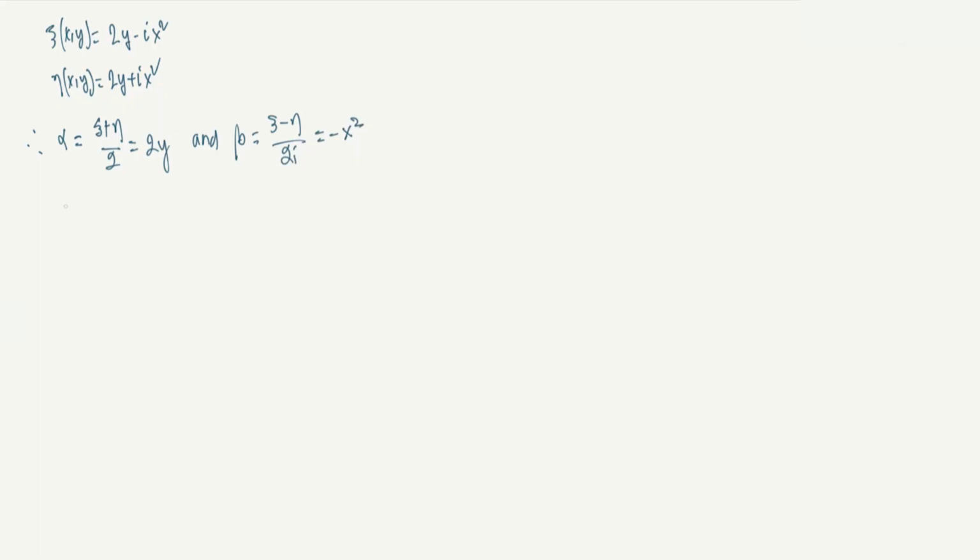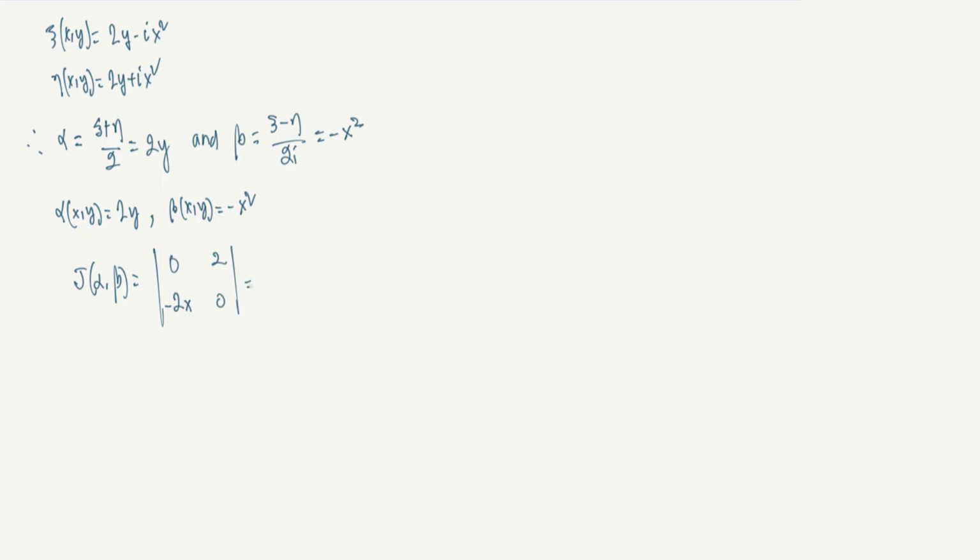Now you see, you have two variables: alpha of xy, which is 2y, and beta of xy, which is minus x square. Clear? And it is very easy to see that, let's look at the Jacobian matrix of alpha beta. So it is alpha x, which is 0, alpha y is 2, beta x is minus 2x, and beta y is 0.